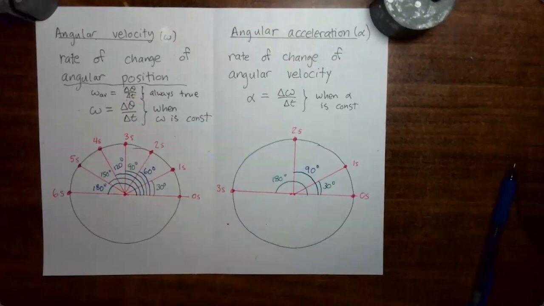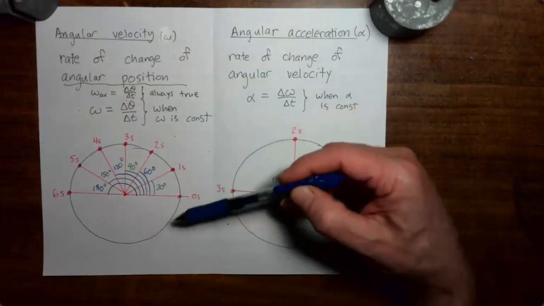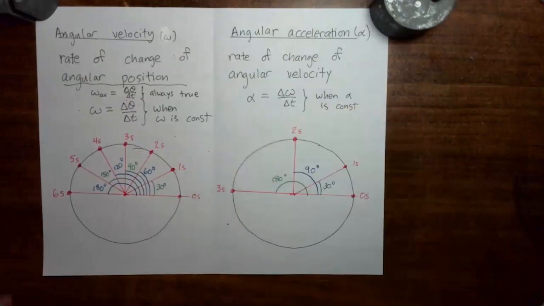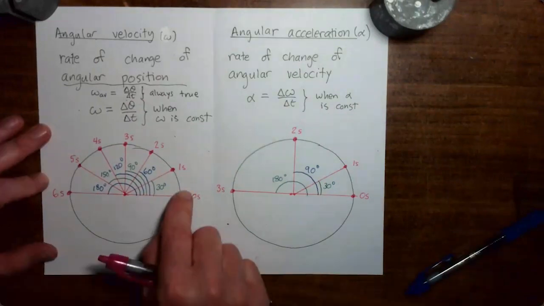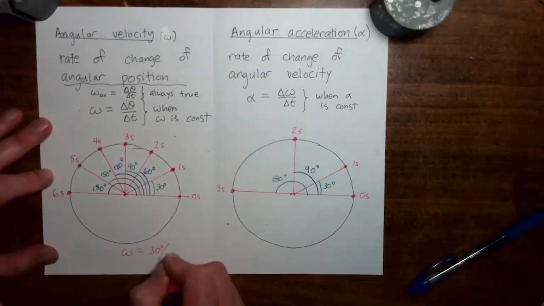So 30 degrees in every 1 second time interval, I had a constant angular velocity. So what was that constant angular velocity? Well, if I move through 30 degrees every second, then my angular velocity would be 30 degrees per second. So the object, which is depicted here, had a constant angular velocity of 30 degrees per second.